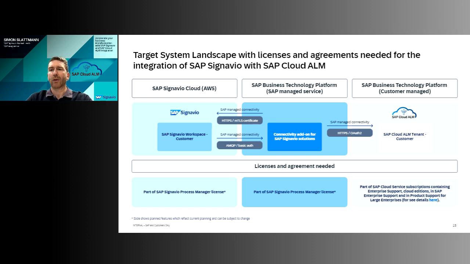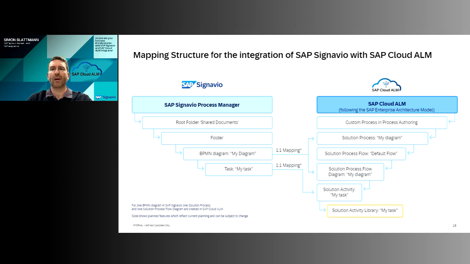Okay, then going on, I also promised you to explain the mapping a bit further. On the left side we have SAP Signavio, with our folder structure. Then you have a diagram in a certain folder, and within the diagram you have tasks.